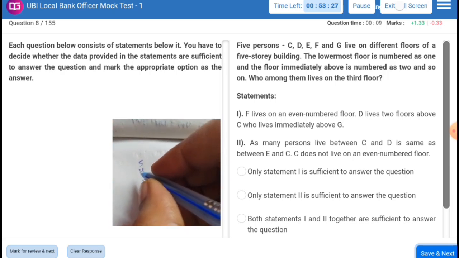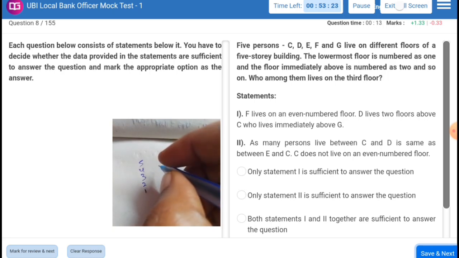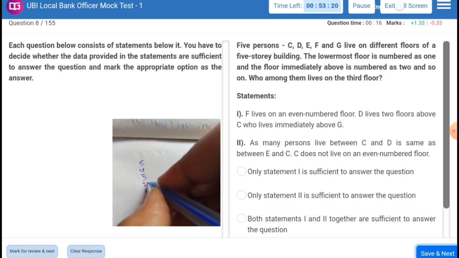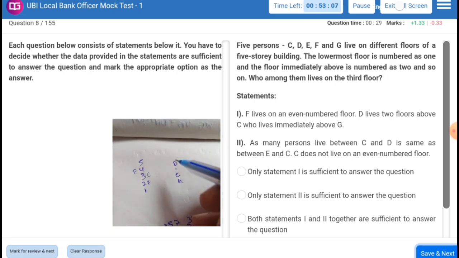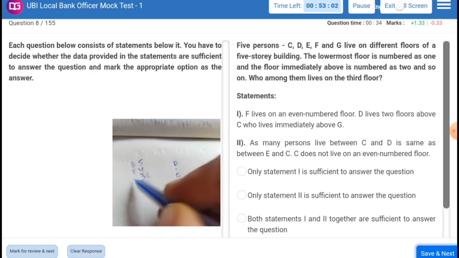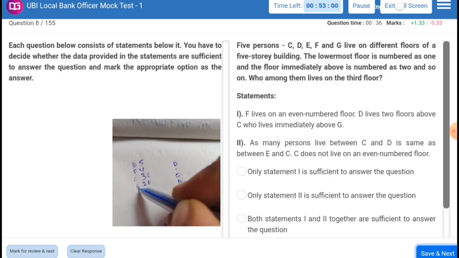Next, 5 persons live on different floors of a 5-story building. The lowermost is 1. F is on an even number floor and D is 2 floors above C. Immediately above G: D, C and G. Who among the following is on the third floor?